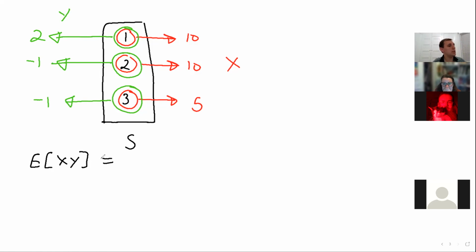I can consider which outcomes match, right? The easiest way to do that is to just group by the sample space, because then I will not miss anything.